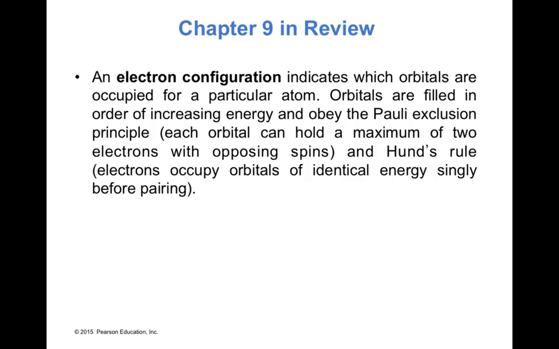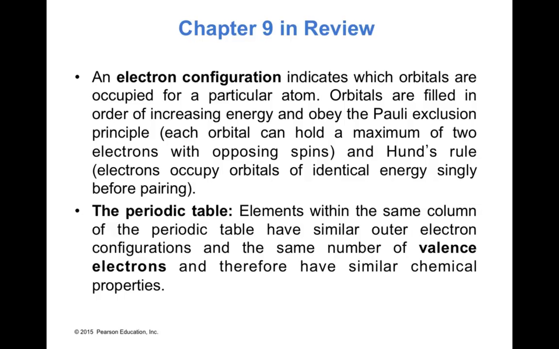We need to remember that those two rules are really important. Elements within the same column of the periodic table have similar outer electron configurations and the same number of valence electrons, and therefore have similar chemical properties.